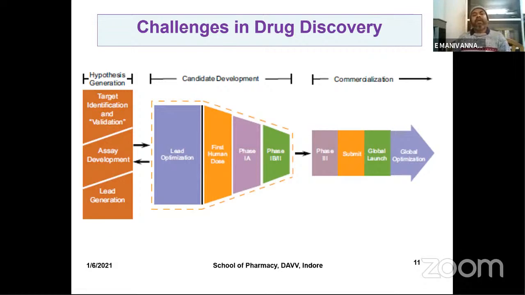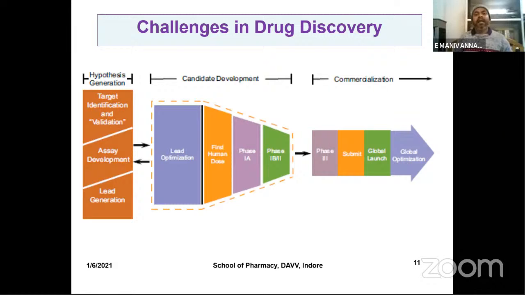Challenges in drug discovery. Before that, we have to look at the picture of this drug discovery pathway. The drug discovery pathway is divided into three parts. Hypothesis generation, which includes target structure identification and validation, then bioassay development, and then lead compound identification and lead generation.